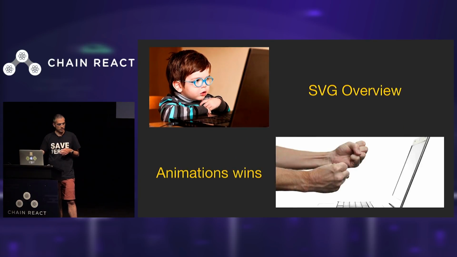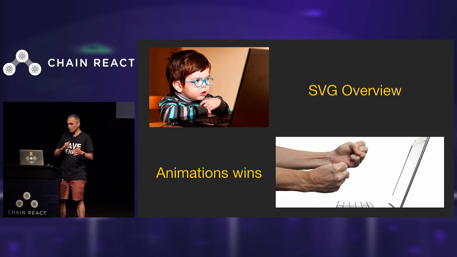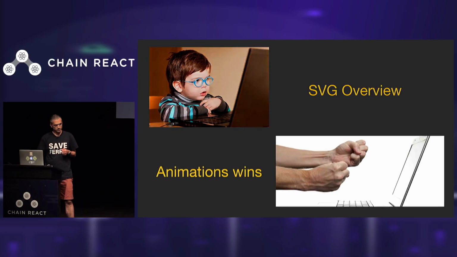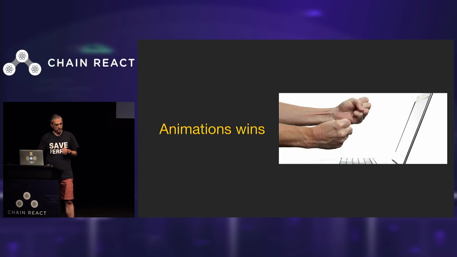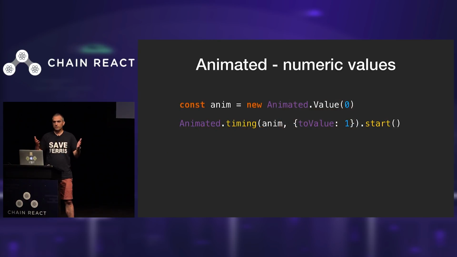What I'm going to talk about now is how to animate those. Those graphics are really boring if they're not moving on screen, right? So let's talk about animations. First, the good news is we get to use the Animated API that we all love, hopefully.